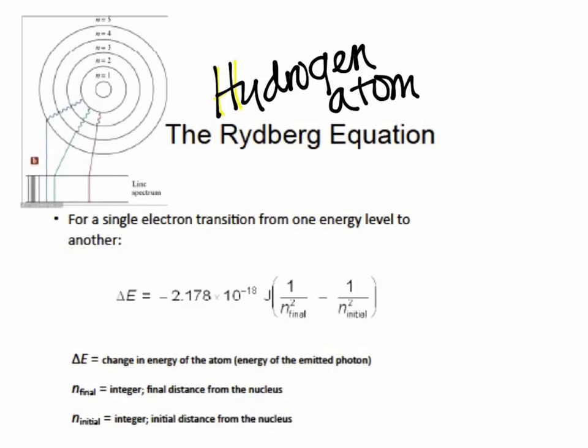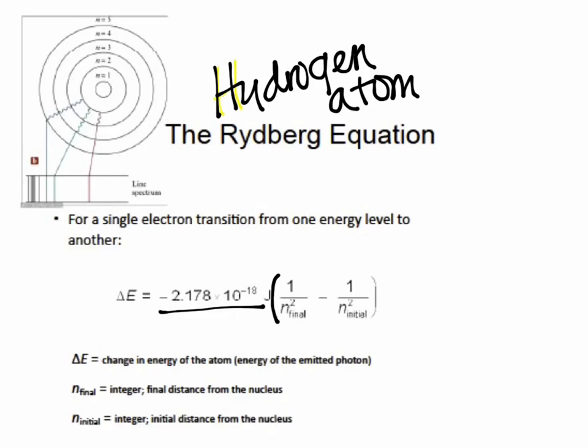So delta E is equal to negative 2.178 times 10 to the negative 18 joules, multiplied by 1 over n squared final minus 1 over n squared initial.